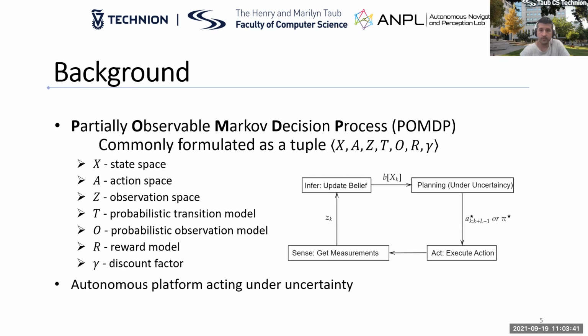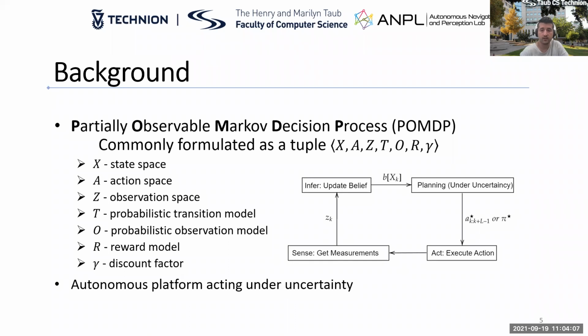So, background. The mathematical model we assume, not only in this work but also in our group, is a partially observable Markov decision process, or in short, a POMDP. A POMDP is a tuple containing the state space, action space, observation space, probabilistic transition and observation models, a reward model, and a discount factor.